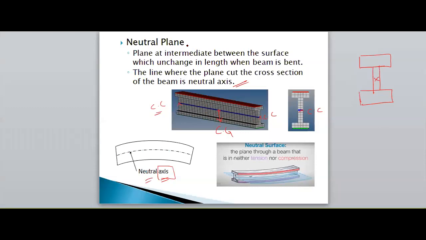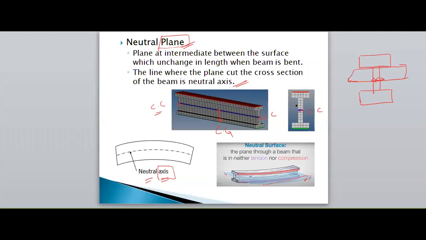Next, neutral plane. What is a neutral plane? So in the neutral axis, I need to draw a plane. It is nothing but a layer. It has a length in my cross section.